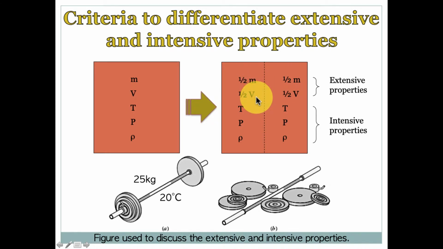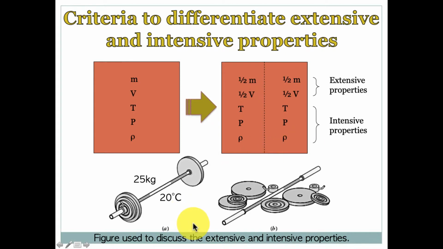Mass and volume can be considered as extensive properties. Temperature, pressure, and density can be classified as intensive properties. So what is the difference between these extensive and intensive properties?